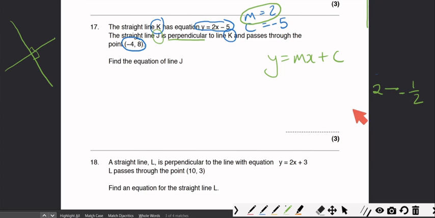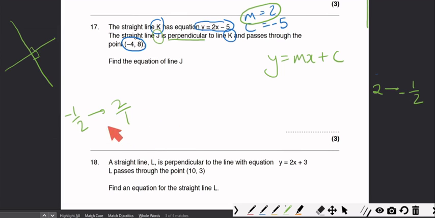So to find the gradient of the perpendicular line, reciprocal it, and then change the sign. So for example, if the gradient happened to be -1/2, then you reciprocal the half, 2/1, and negative becomes positive. You change the sign.